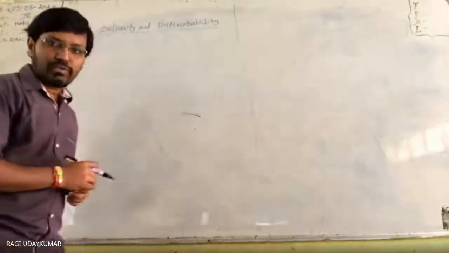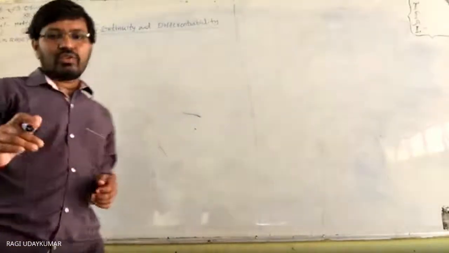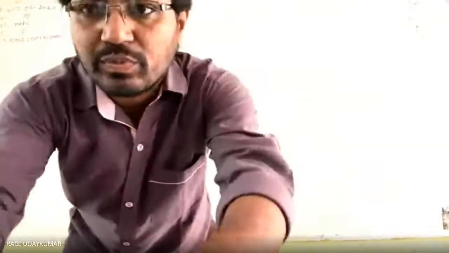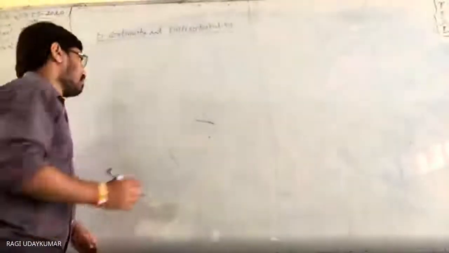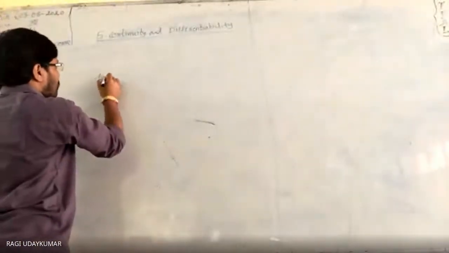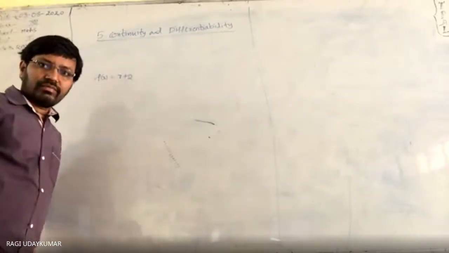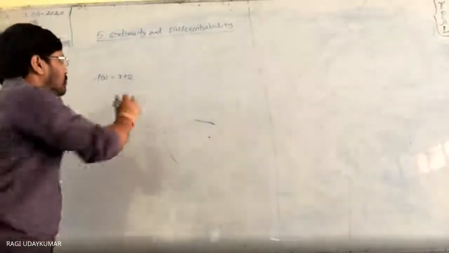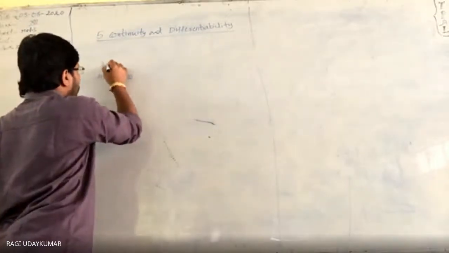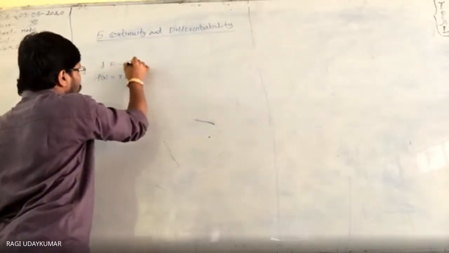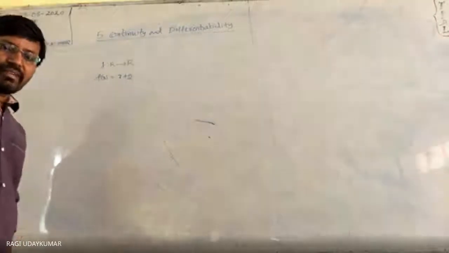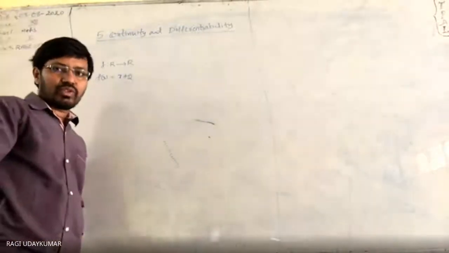As an example, take one example here. f of x is equal to x plus 2, where x belongs to the real numbers. It is a function defined from the real numbers to real numbers.